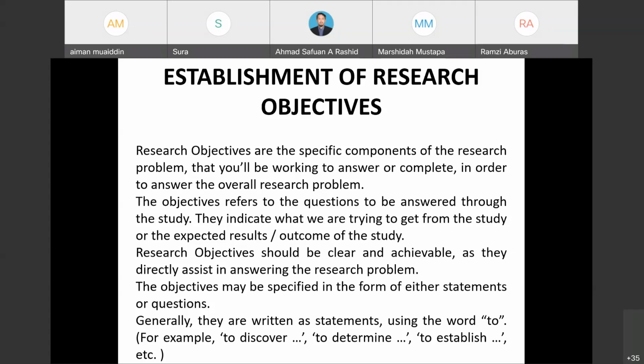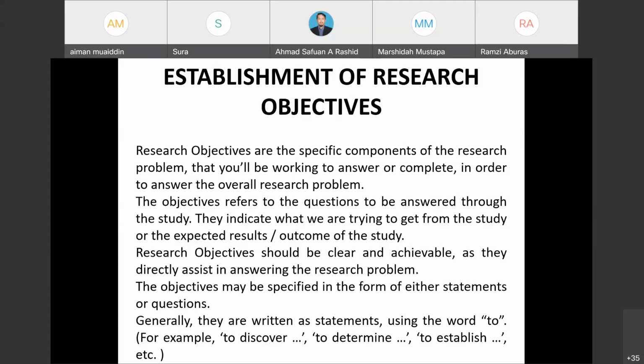Research objectives should be clear and achievable, as they directly assist in answering the research problems. So the research objectives that you put in your thesis can be achieved. The objectives may be specified in the form of either statements or questions.